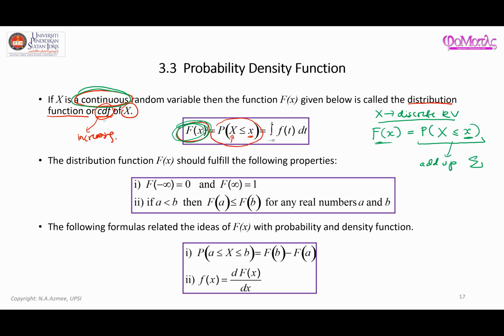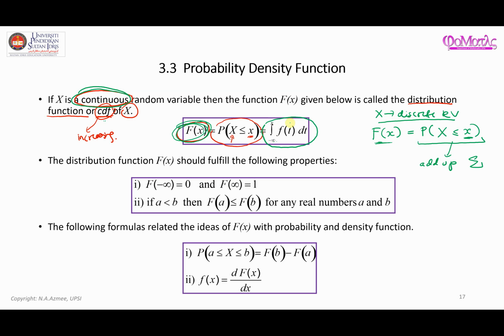But for the continuous case, we have the probability density function integrated with a lower limit and up to x, the value of x.